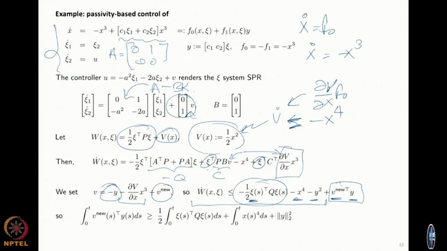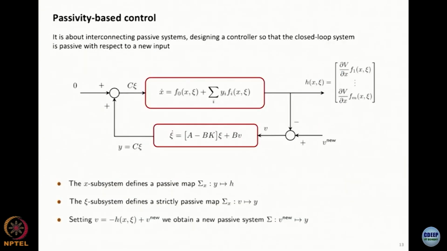And by adding this minus y here, I have a y squared in this inequality, so this is the integral of y squared, which gives me also output strict passivity. So you see, with this controller, I really enforced the passivity of the system. So this is the picture I have.